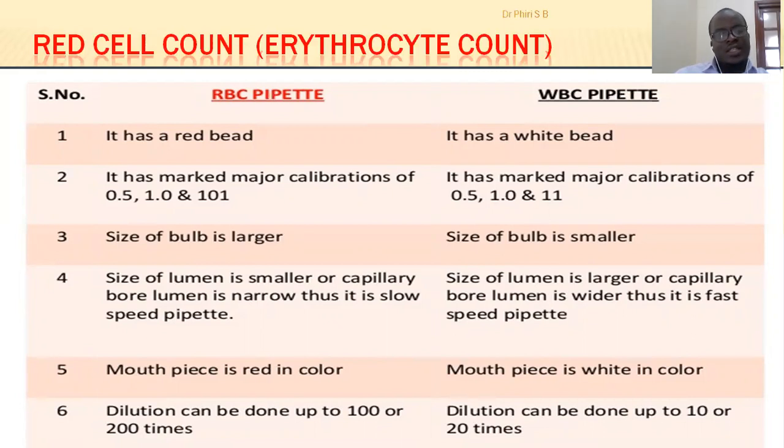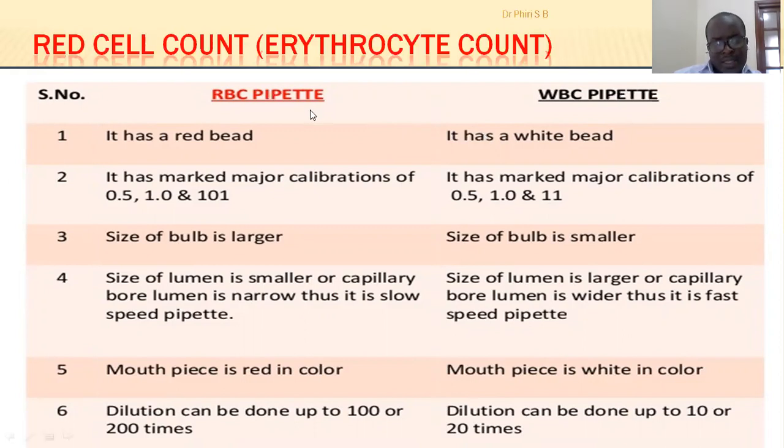So how do you differentiate them? Like I've already said, we are going through it again for the sake of understanding. Let's start. The first one, red blood cell pipette, has a red bead inside the bulb. White blood cell has a white bead inside the bulb.